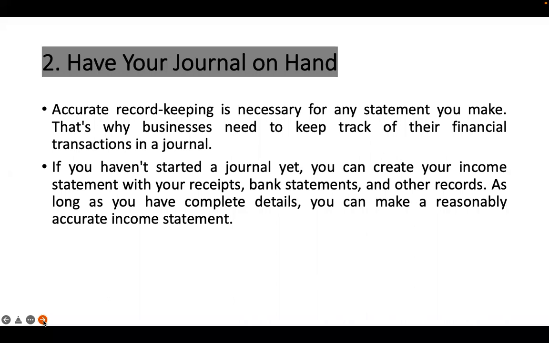If we haven't started a journal yet, we can create our income statement with our receipts, bank statements and other records. Using the bills and bank statements we have, we can create a journal, and we can create an income statement. As long as we have complete details, we can make a reasonably accurate income statement.